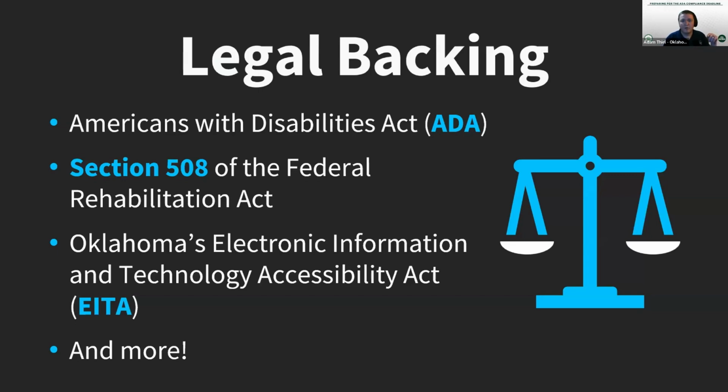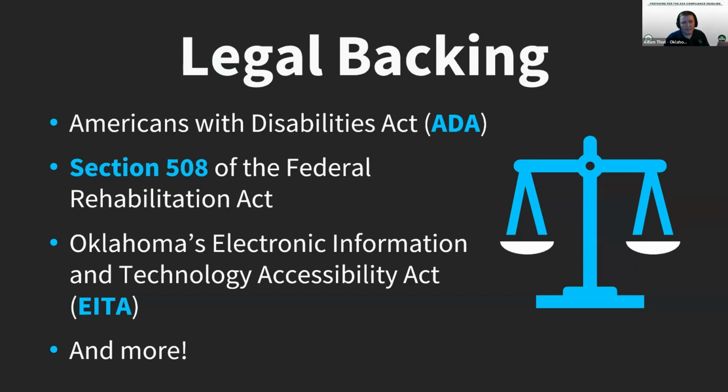Most of the rest of the presentation today is going to be about some recent changes to the Americans with Disabilities Act. But we also have Section 508 of the Federal Rehabilitation Act that covers federal agencies. And then here in Oklahoma, we also have our own Electronic Information and Technology Accessibility Act, or EITA, that closely mirrors Section 508, but applies to Oklahoma at the state level.